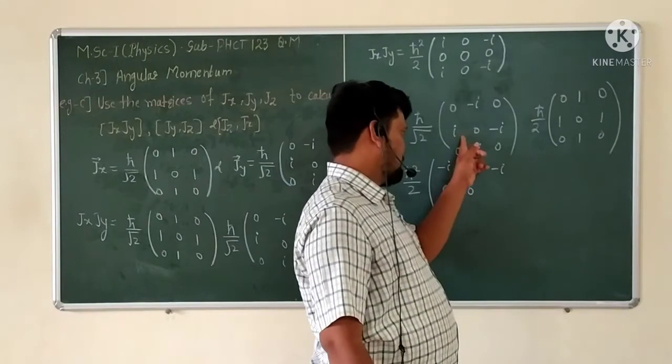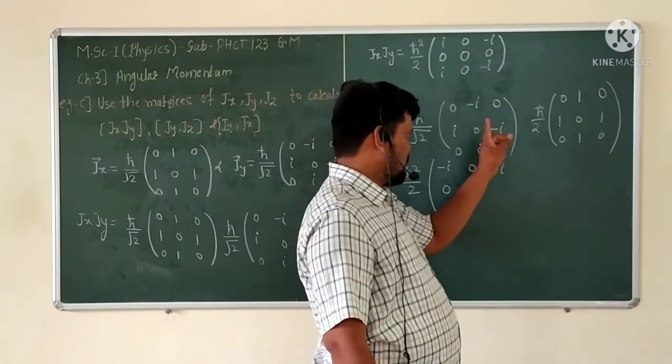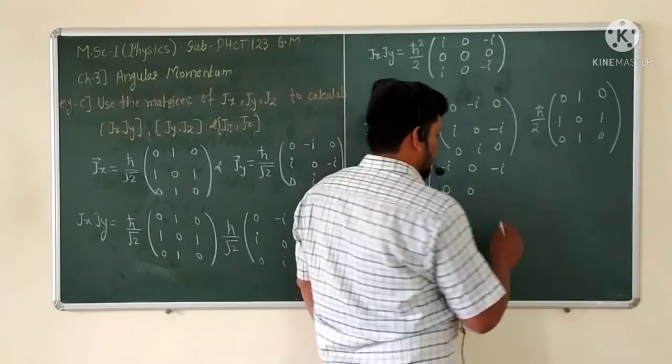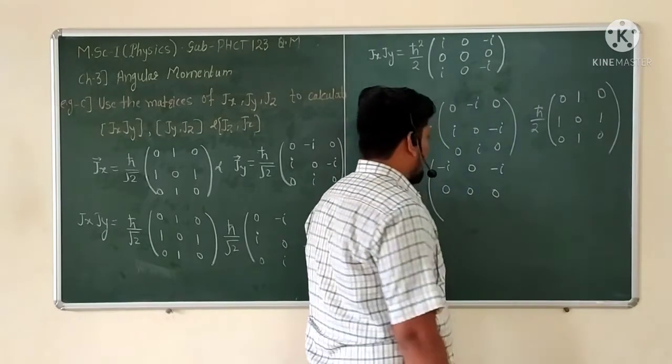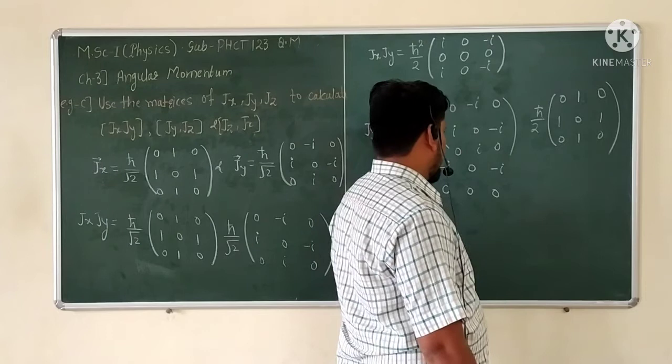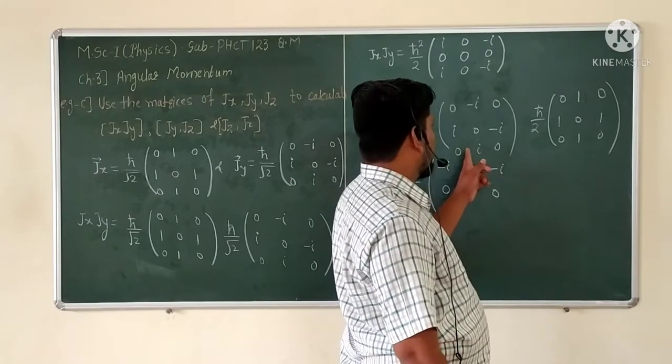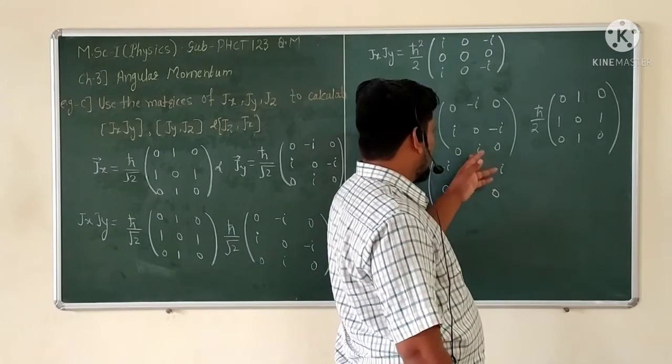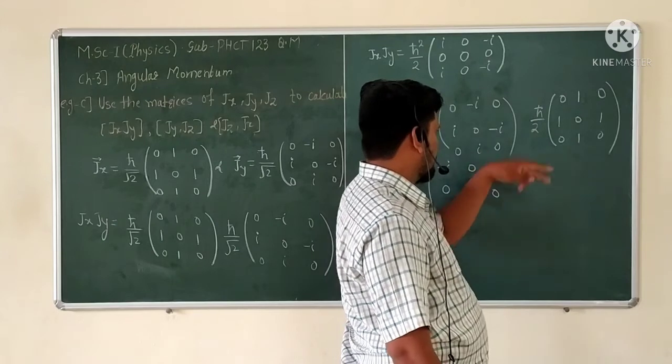Again, minus i into 0, 0 into 0, 0, minus i into 0, 0, so again this column is also 0.